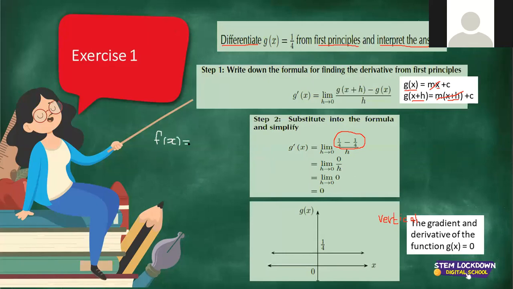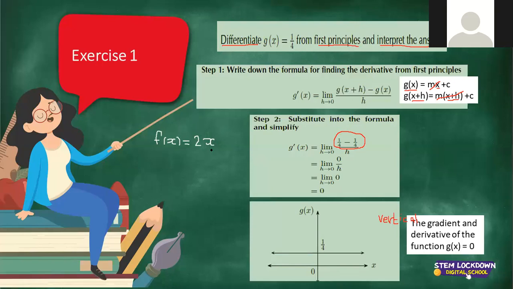which is equal to 2x. You're supposed to differentiate using first principles. Remember, the notation is still the same.